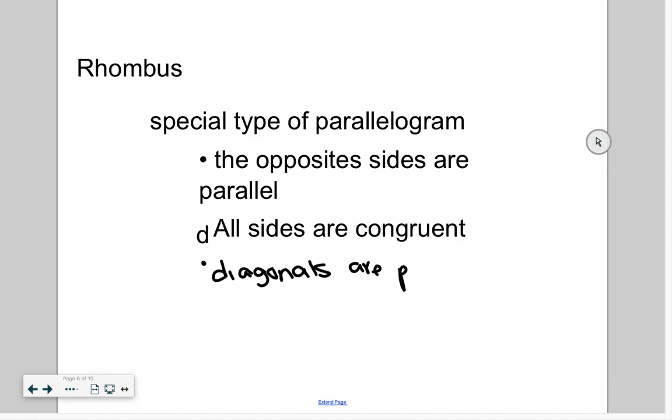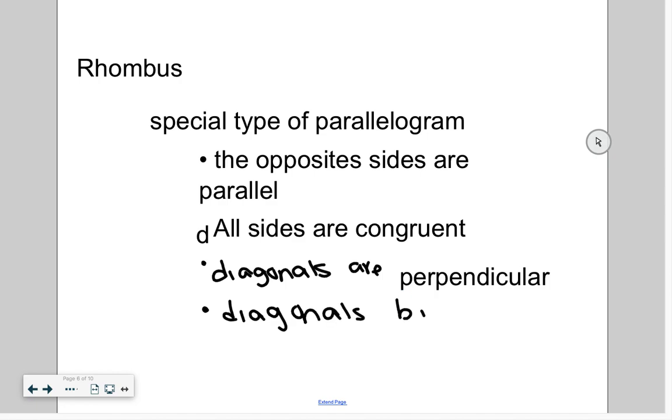Diagonals are perpendicular. And then the fourth is that the diagonals bisect the angles. All right, so I'm going to give you a second to get this written down.